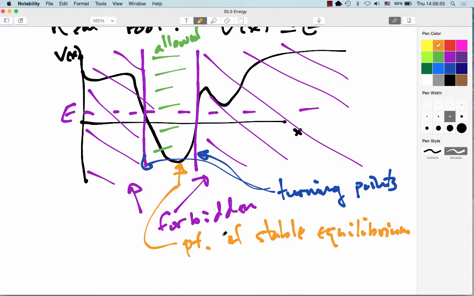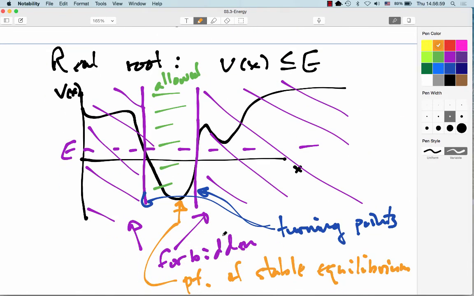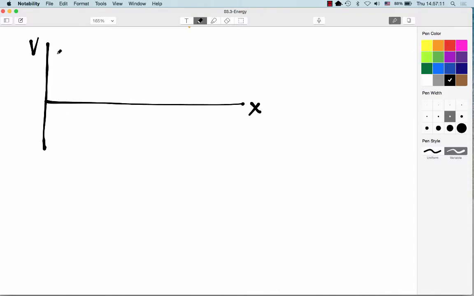All right, let's take a look at a couple other cases, hopefully a little less complicated than this. The next one I can think of: there's my V, there's my X. Let's make it look like some sort of typical molecule.